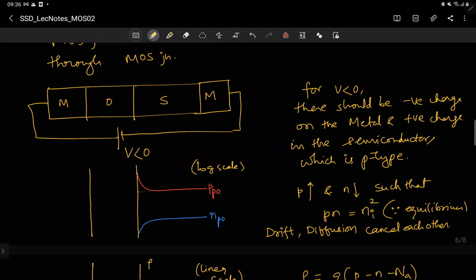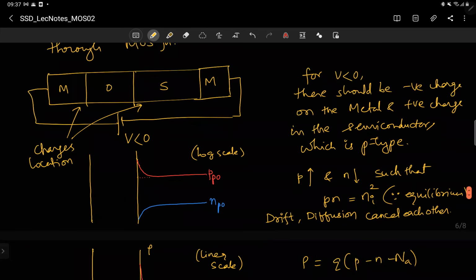So you will have charges here and here. The negative charge comes and sits here because it cannot cross the oxide, and the positive charge comes and sits here, it cannot cross the oxide further.